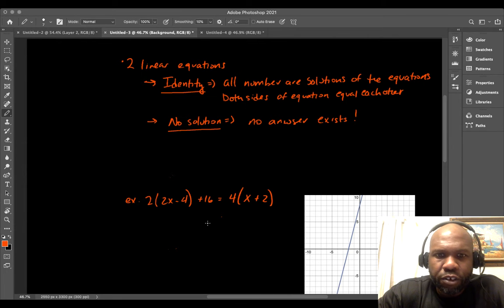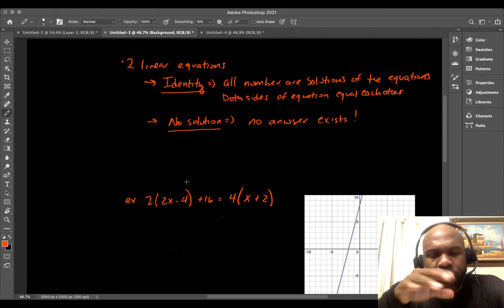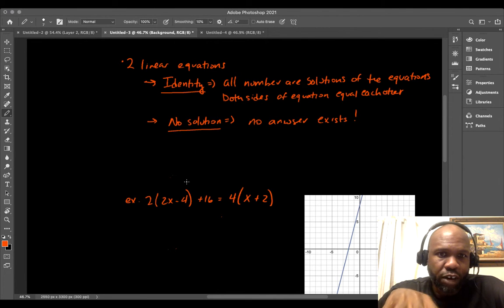So there are a couple things. We have two linear equations on each side of the equal sign, and there are certain properties that happen with that. There are two different ideas that could be happening. Number one is the identity idea. Sometimes the equations on both sides are actually identical, and when you see that situation, it's called an identity. I'm going to talk about when that arises and what it looks like when you graph it.